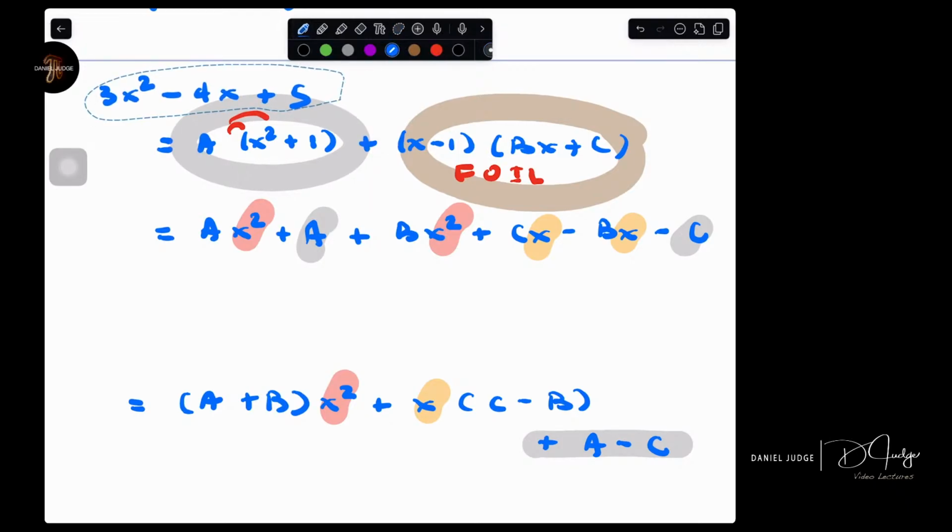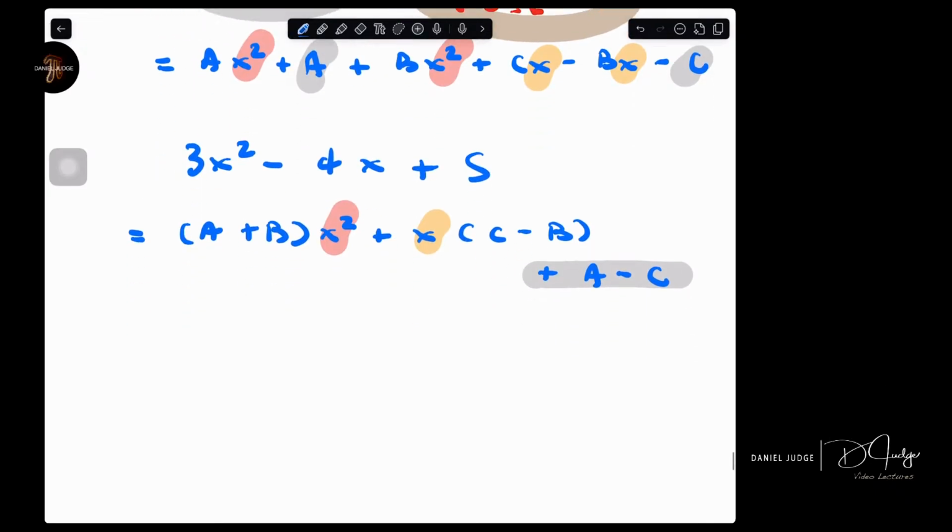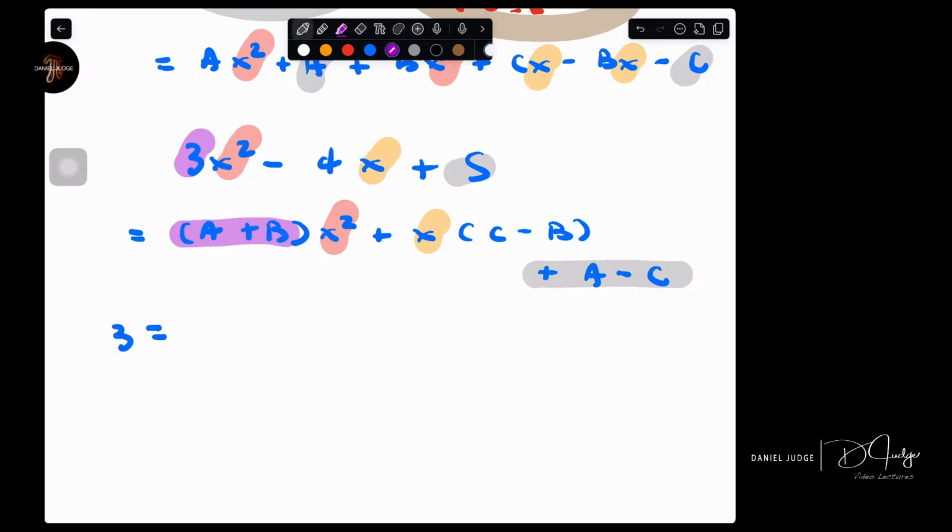I'll just write it down. 3x squared minus 4x plus 5 is equal to this. Compare the x squared terms. Compare the x terms. Compare the constants. What this says is that 3, right in here, must be the same as a plus b.